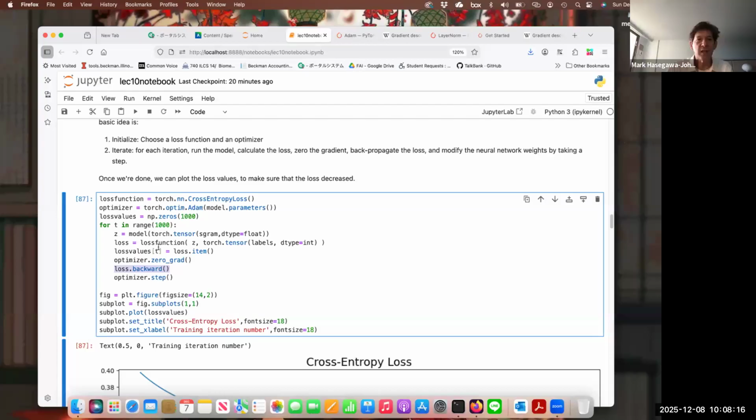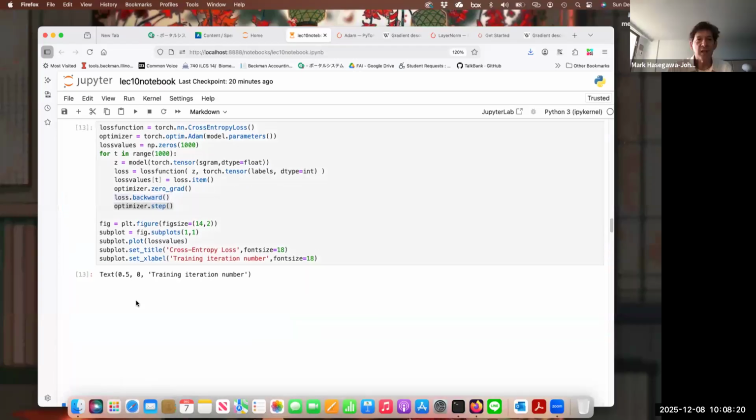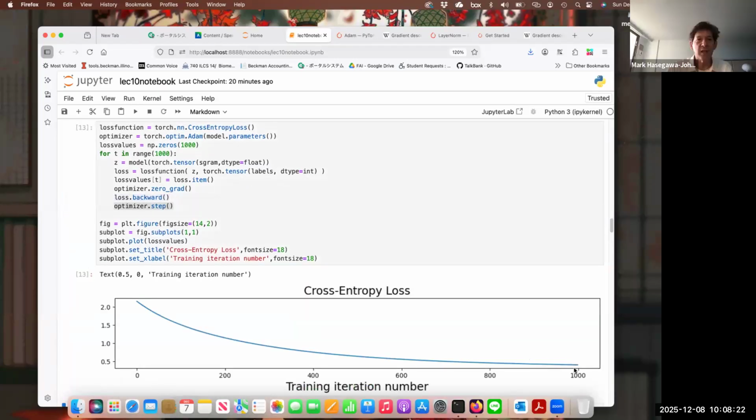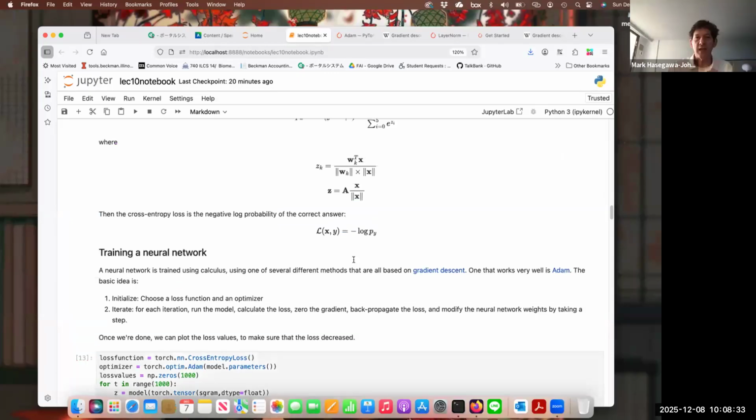And if I run the optimization for 1,000 iterations, then we can see how the loss starts out with a cross entropy of more than 2 and gradually decreases to a cross entropy of less than 0.5. Let's see, the cross entropy is the negative log probability. So that means the log probability starts out at -2, meaning that the probability of the correct answer is less than a quarter.